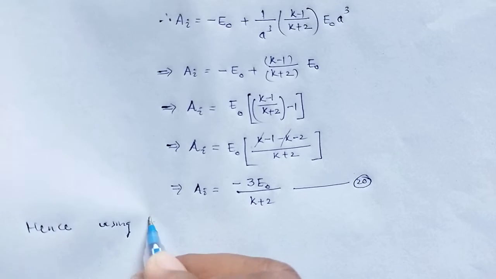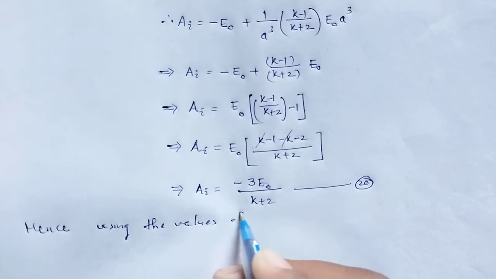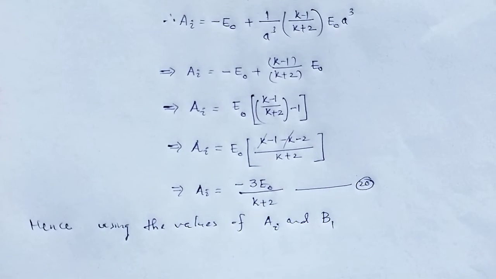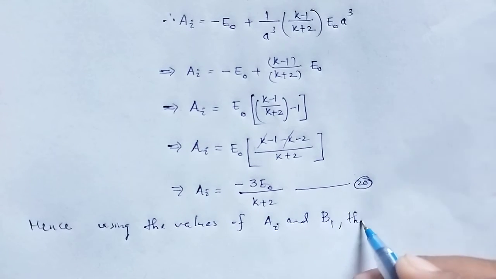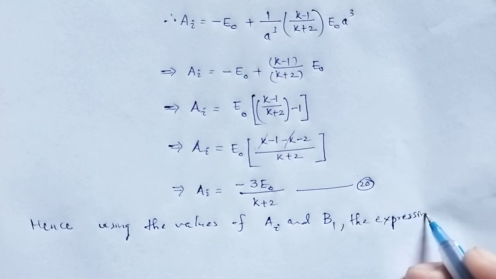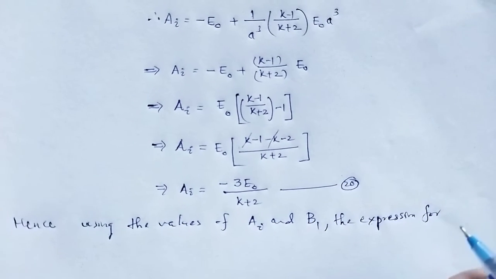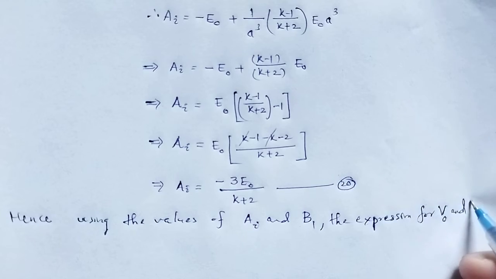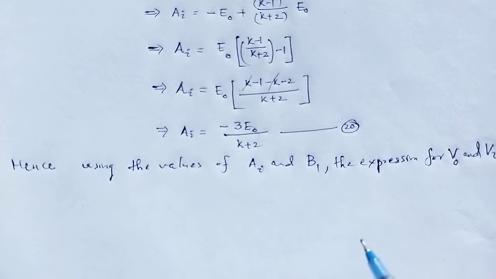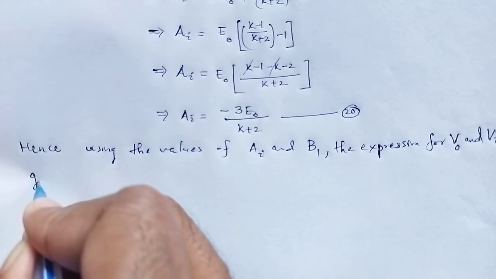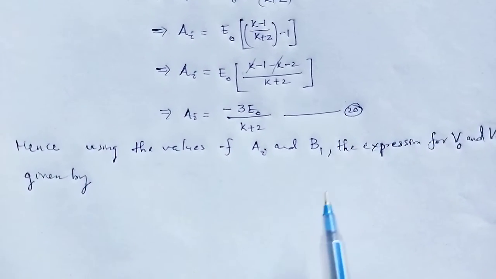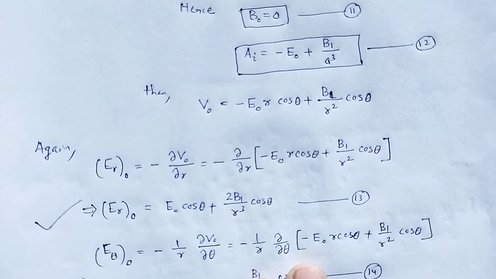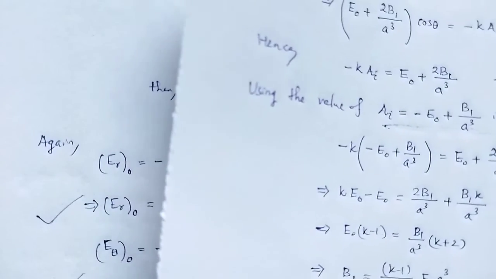Using the values of A I and B1, the expressions for V outside and V inside are given by, just putting the values here.